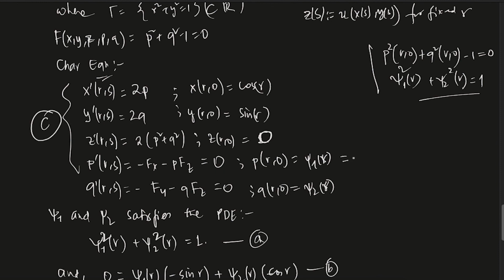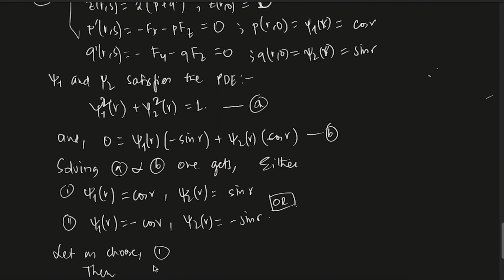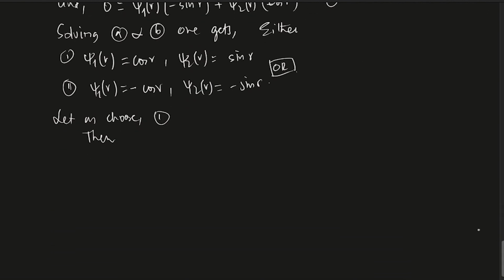This turns out to be cosine of r, and that is sine of r, right? So if you are choosing 1, then p of r0 is psi 1 of r, which is cosine of r, and q of r0 is psi 2 of r, which is sine of r, right? So you get those two conditions, and then with those two conditions you can solve.